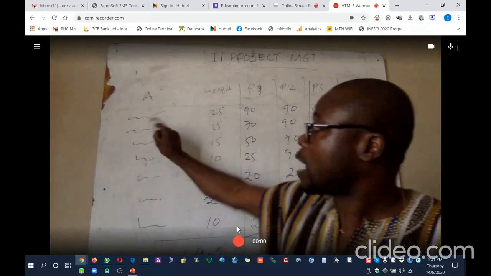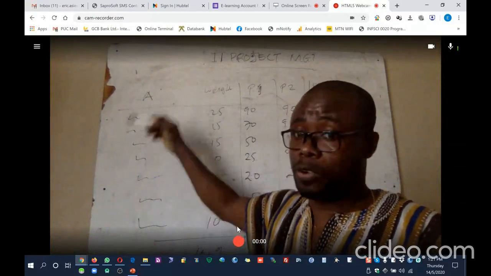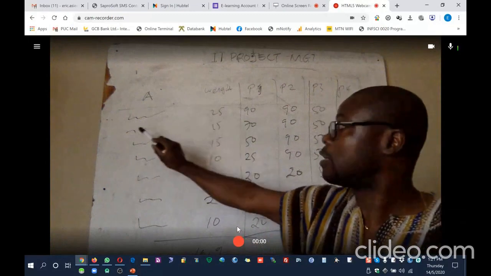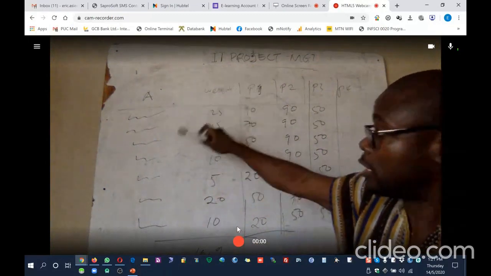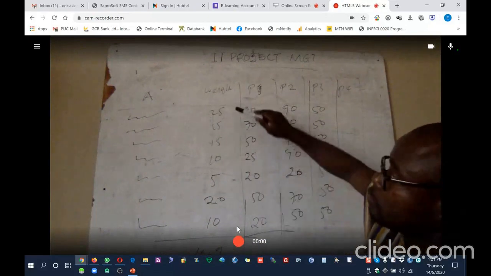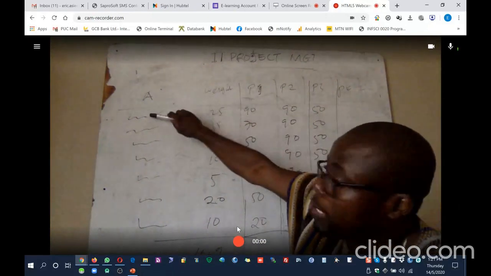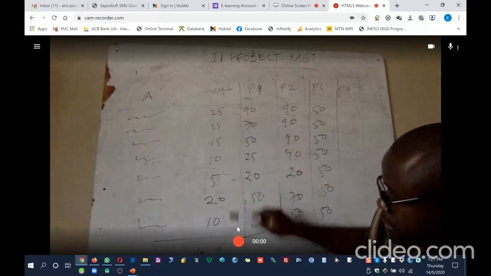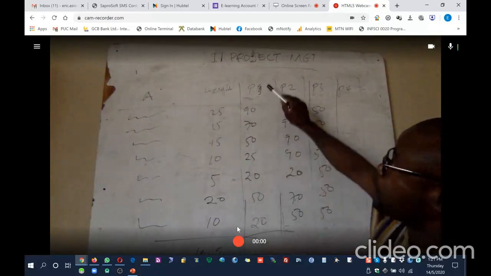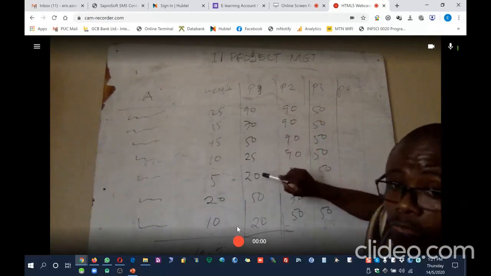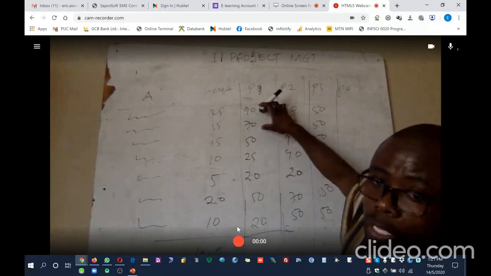I didn't copy the actual criteria because we know them: support for key business objectives, strong internal sponsor, and all those are here. Now these are the weights we assign: 25 for support for key business objectives, 15%, and so on. In total, they add up to 100. And for project 1, it's 90, 70, 50, and so on. These are the actual scores they have gotten.